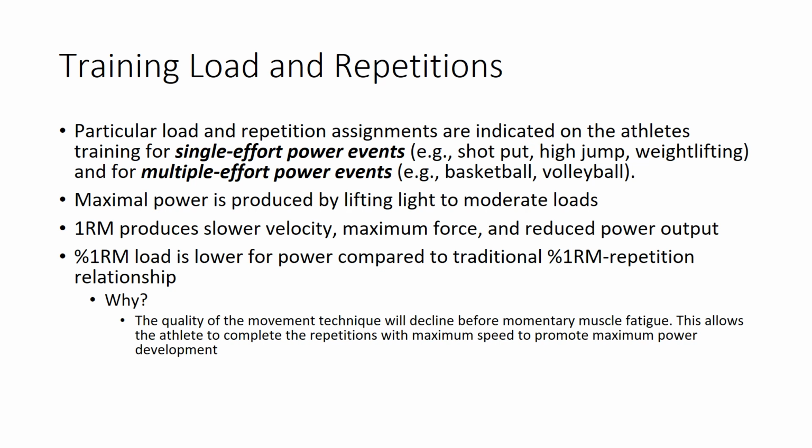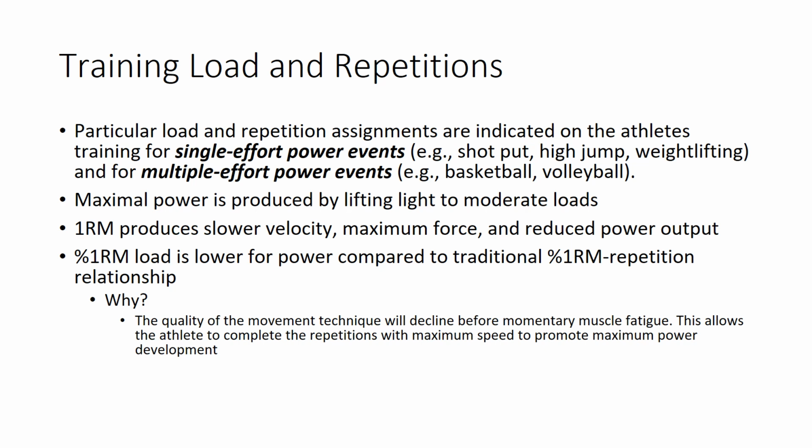When we look at maximal power, this is produced by lifting light to moderate loads and not just heavy loads. 1RM strength is maximal strength, and this produces a slower velocity and maximum force and a reduced power output.